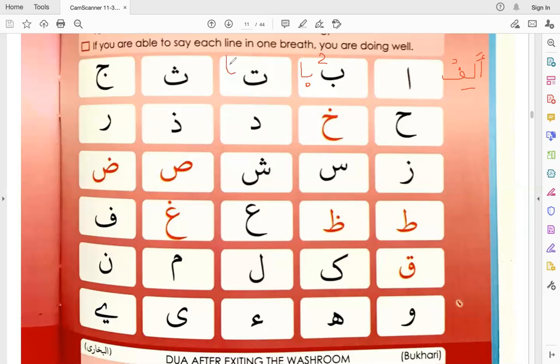Ta. Ta will be 2 haraka long too, because there are only 2 letters to pronounce. Look, when I write the name of this letter, it has two letters. One is ta, the other one is alif. So it will be 2 haraka long. Ta. This length should be there to pronounce the name of this letter.